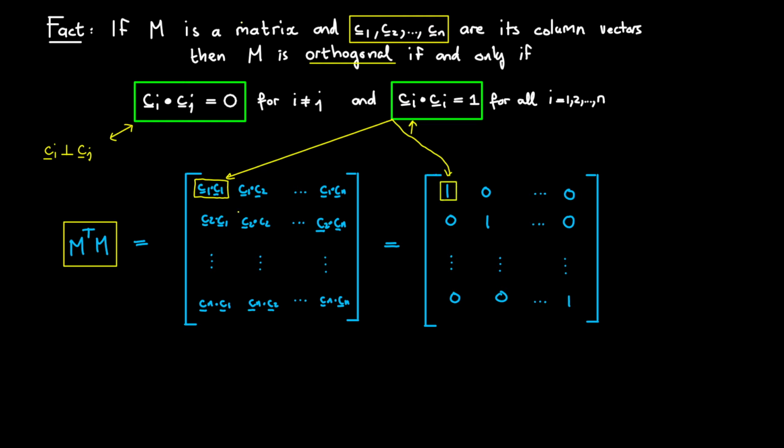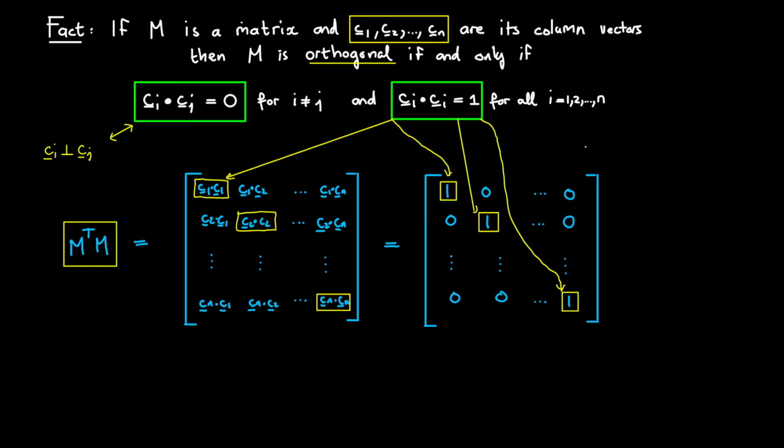The same is true for C2 dot C2, because this entry must be 1, according to this condition up here. And the same pattern holds for all entries on the diagonal. I'll always get 1 because of this condition here.